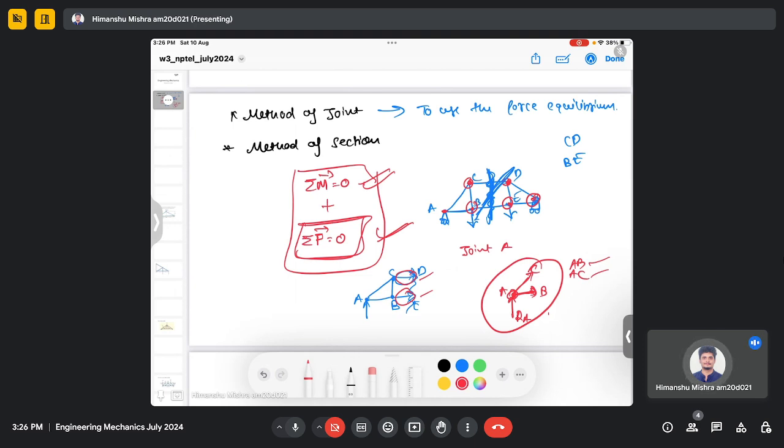In the first method, we keep choosing different joints to find the unknown forces, and in the second method, which is a little easier, or I should say a little less time consuming, we cut the truss into two, or two or three parts, and then use a combination of these two equations to find the unknown forces. Here you don't need to consider each joint separately because you already divided the truss into parts, and then you do the force and moment balance analysis.